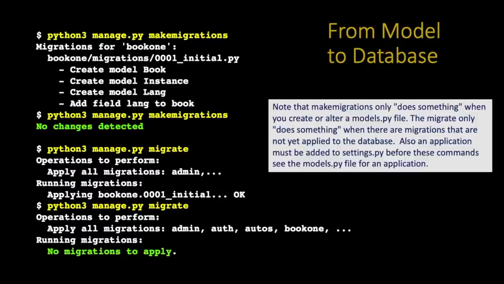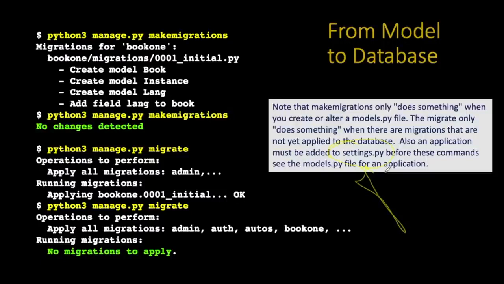This can be confusing, because in my documentation I'll say run makemigrations and you say no changes detected. There's another reason why you might get no changes detected, and that is that you have to add the application to the settings.py file before it's going to be detected.